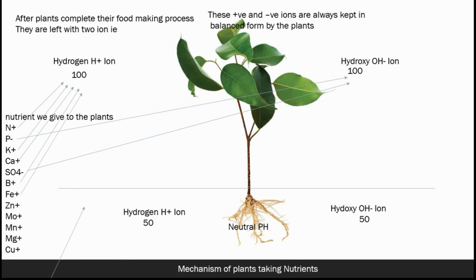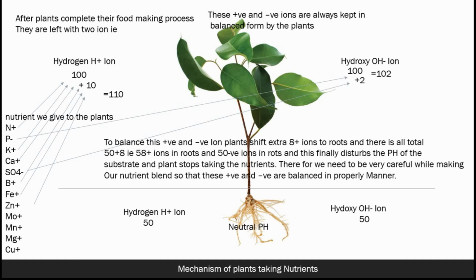In total, the hydrogen positive ion would add 10 positive ions, so that would make it 110. And hydroxy, as it is already 100 there, would be added with 2 negative ions, so it will be altogether 102.